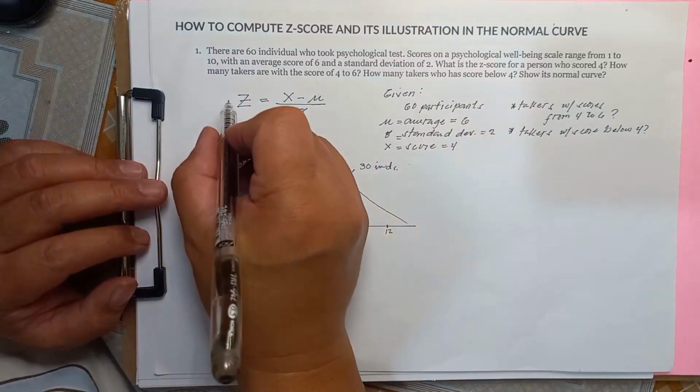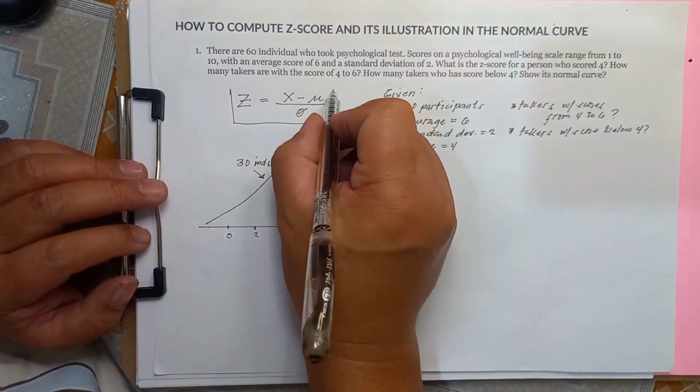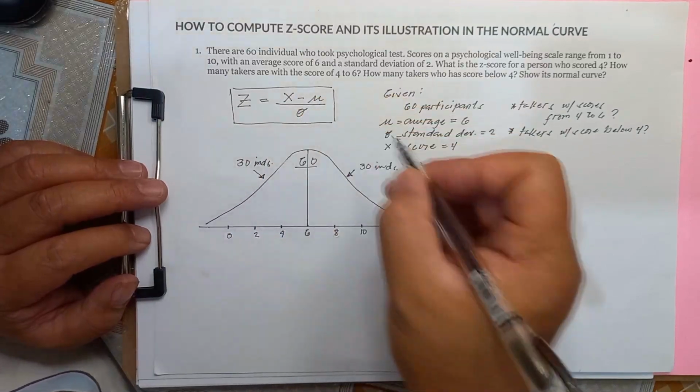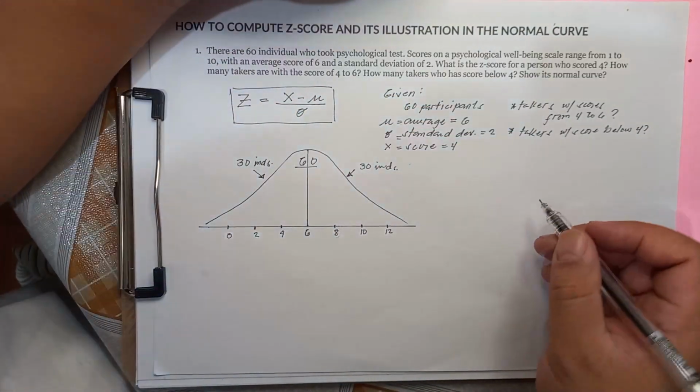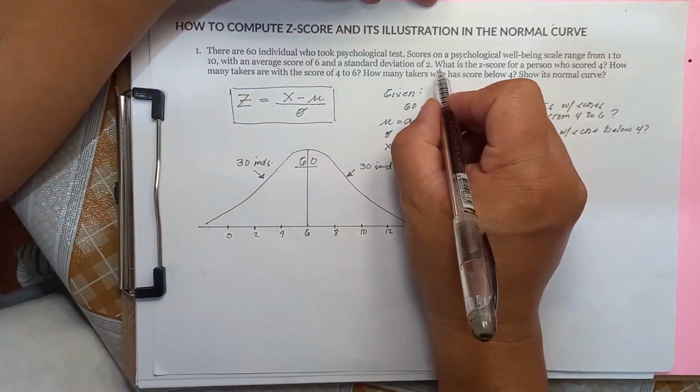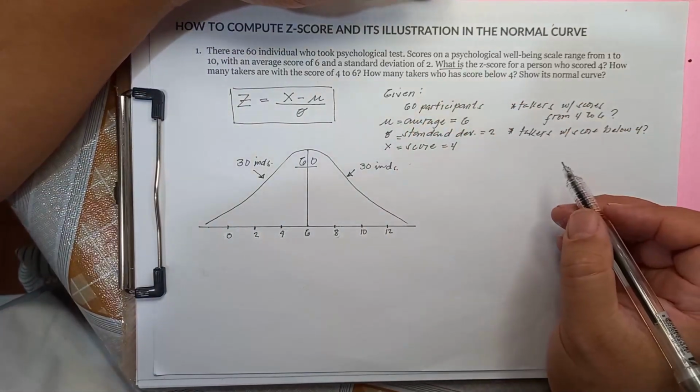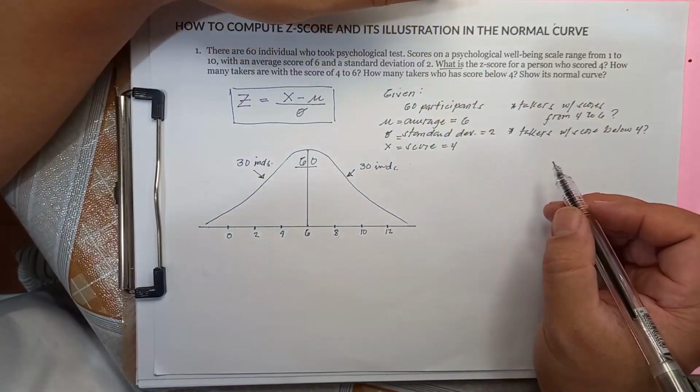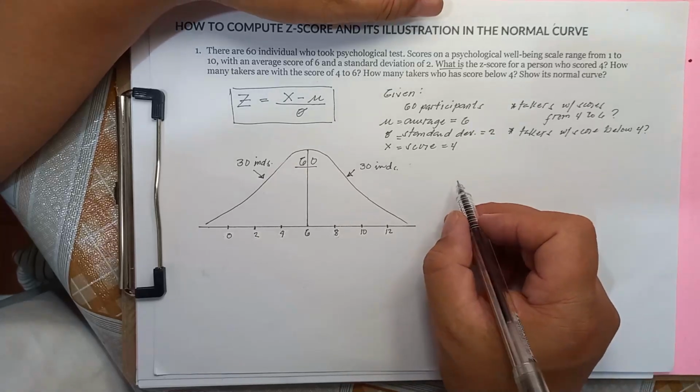We are now ready to answer: what is the Z-score of the person who scored 4?